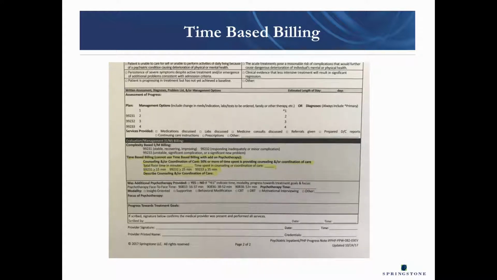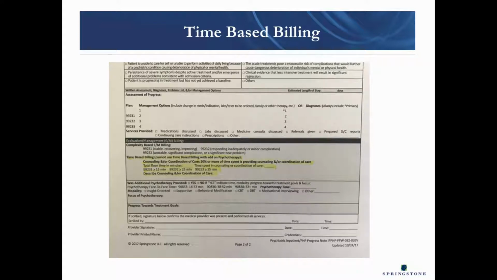The minimum requirement for time for psychotherapy is 16 minutes. So if you've spent more than 16 minutes of actually doing psychotherapy with an add-on, or with an E&M service, then you can bill this 90833 code.